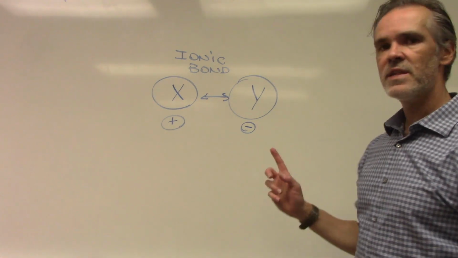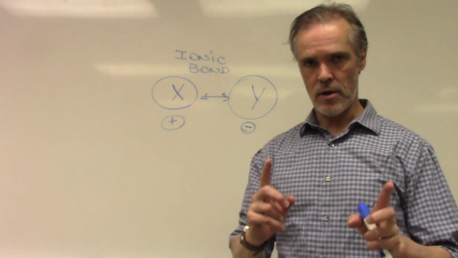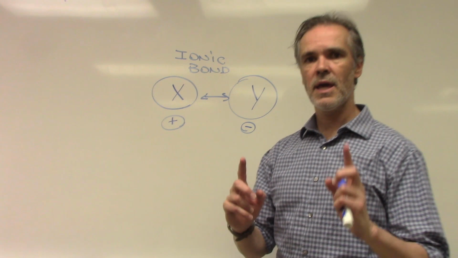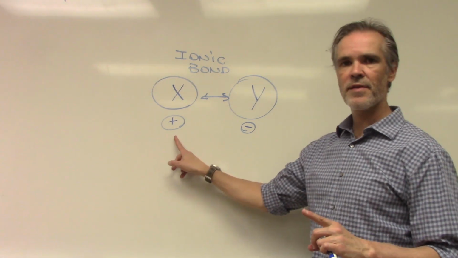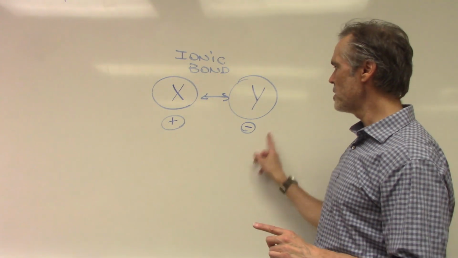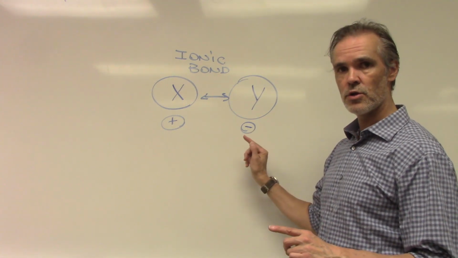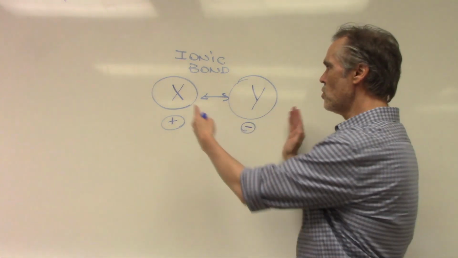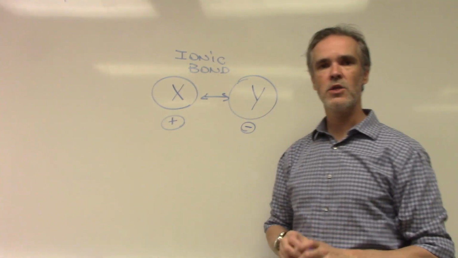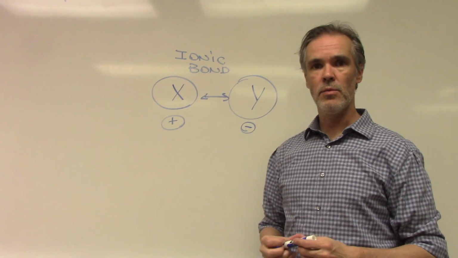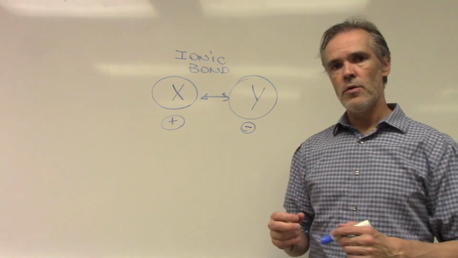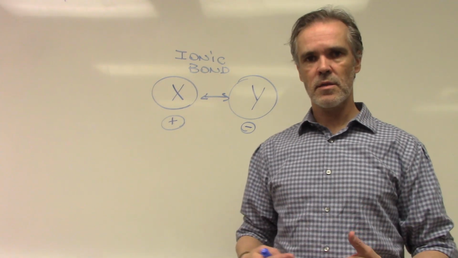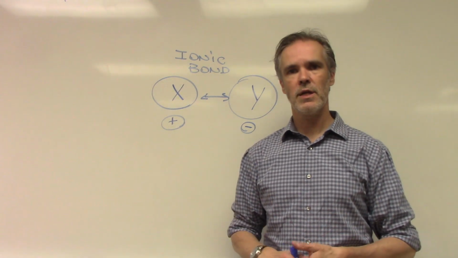So we have seen that two ions can interact with one another. On one side we have a positive charge, and on the other side a negative charge, and these two parts attract each other. That's called ionic bonding, and we see this over and over again in nature.